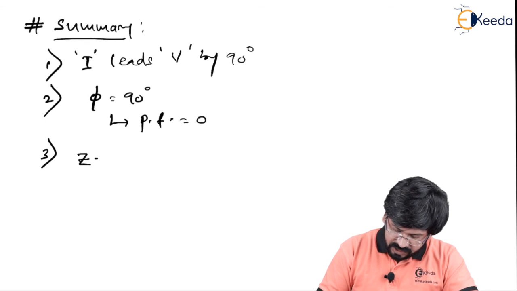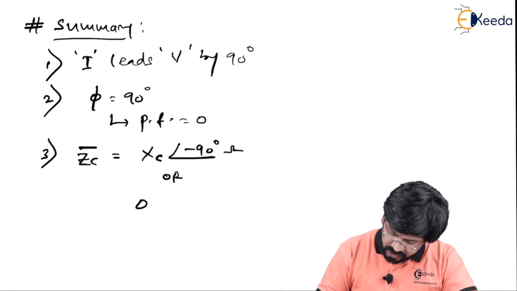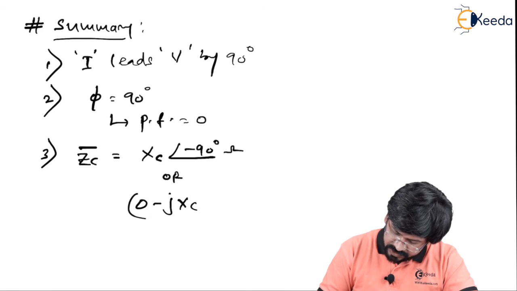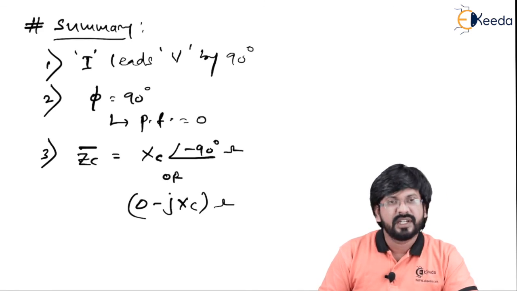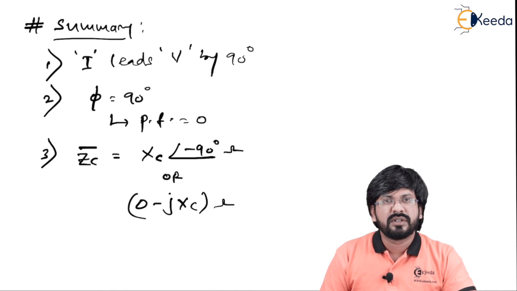Third, we have seen ZC vector is written as XC at an angle of minus 90 degree in polar form, or you can write it as 0 minus jXC ohms in rectangular form. I am sure you have understood the resistor, inductor and capacitor behavior in terms of AC circuits. Thank you.